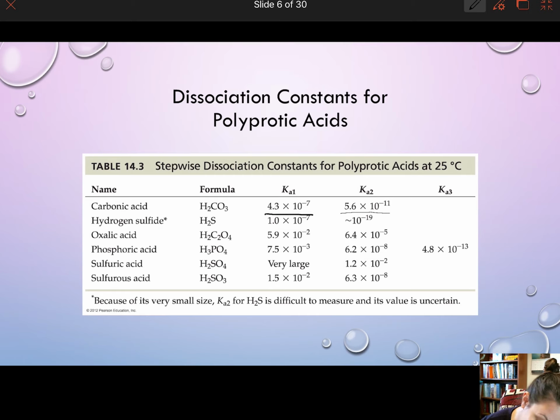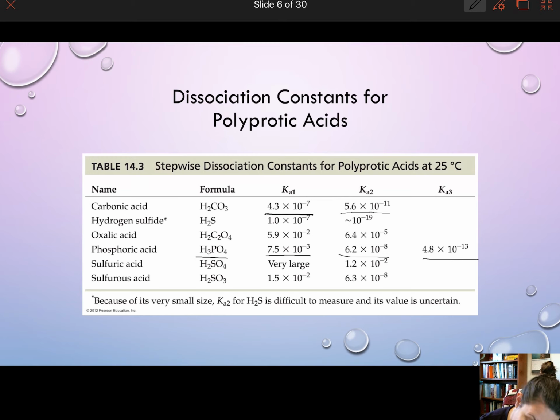Phosphoric acid, that's an example of a triprotic acid. The first one is a fairly large Ka of 7.5 times 10 to the negative 3. The second one, 6.2 times 10 to the negative 8. That is a very, very small value, so it's very hard to lose that second proton. And then the third one at 4.8 times 10 to the negative 13. That is a very, very small Ka, and that will contribute very little to the hydronium concentration.